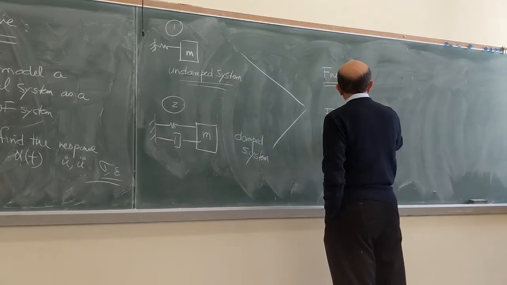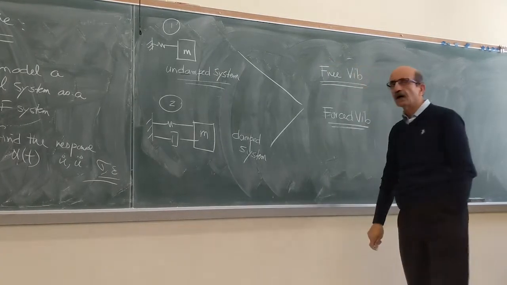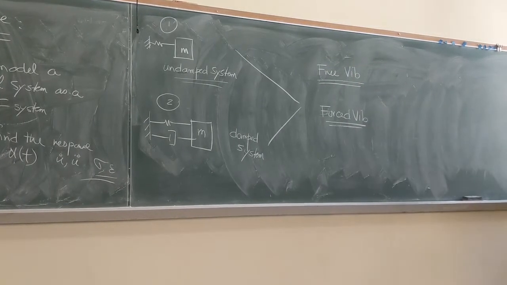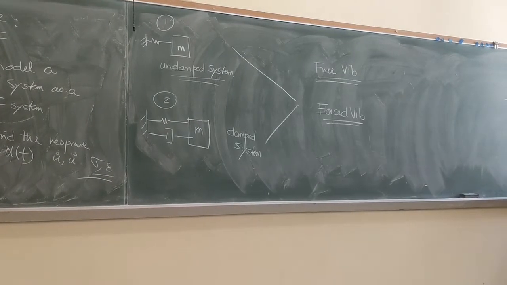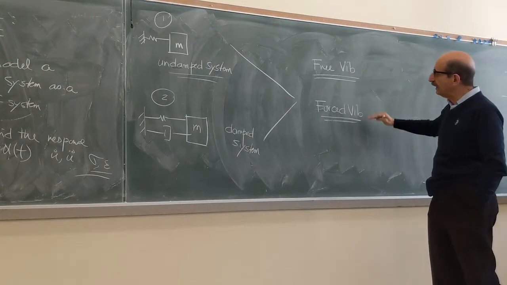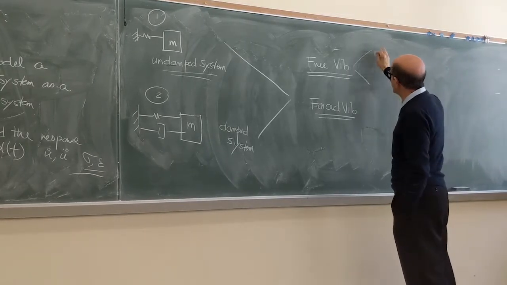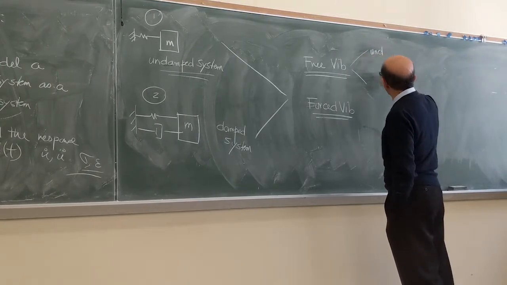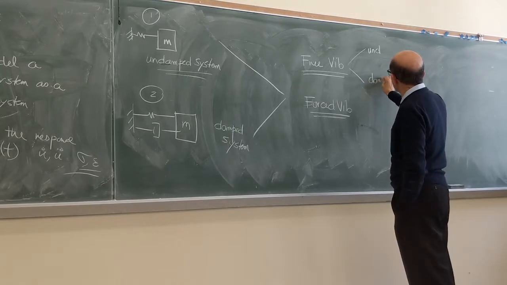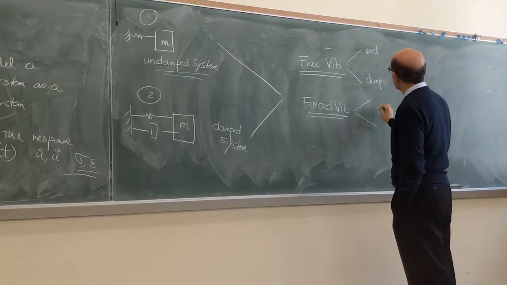Or a force is present all the time on the system when it's moving, a forced vibration. So in each of these categories, we may be dealing with either an undamped or a damped system.